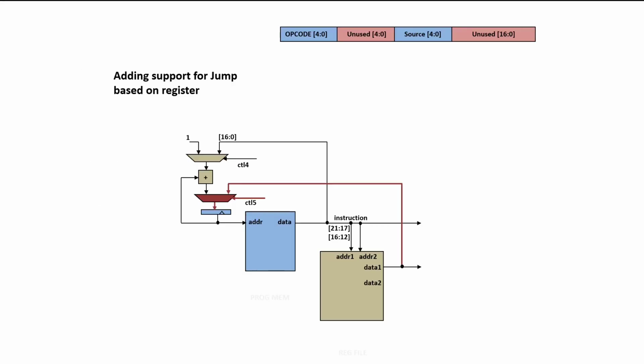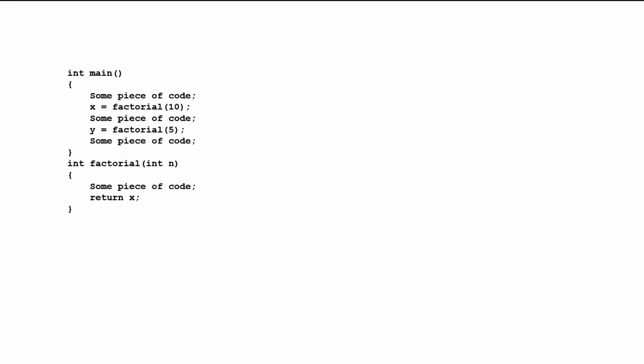Jump based on register is used for another use case, and the case is like this. Here we're calling factorial a couple of times, and here is the code for factorial. When we call factorial from here, we jump to the factorial function, and then we want to return from the function and come back right to the instruction next to this line of code.